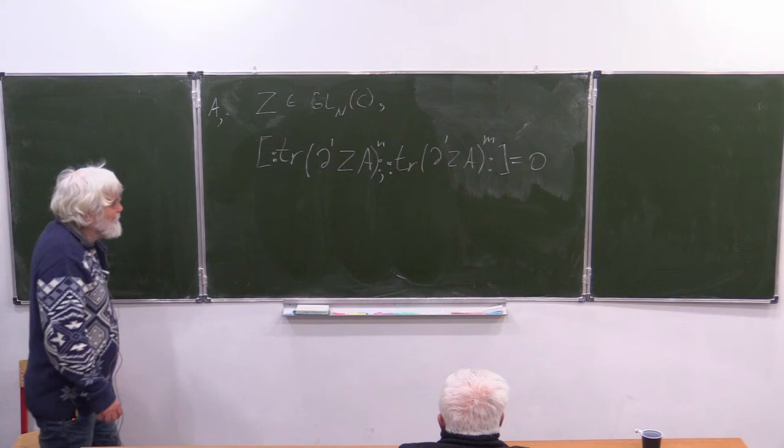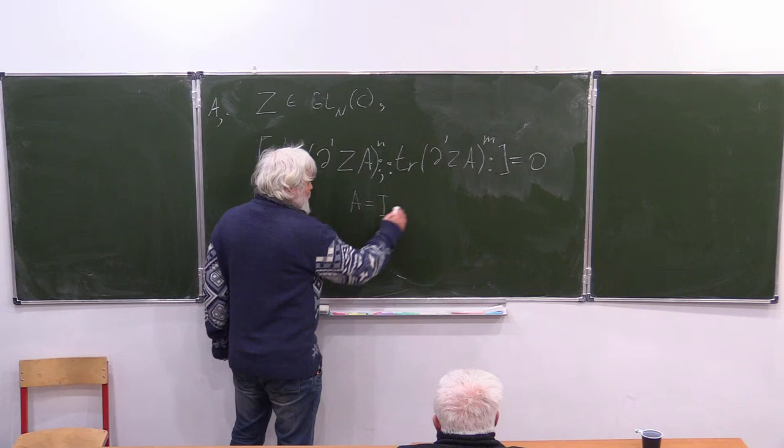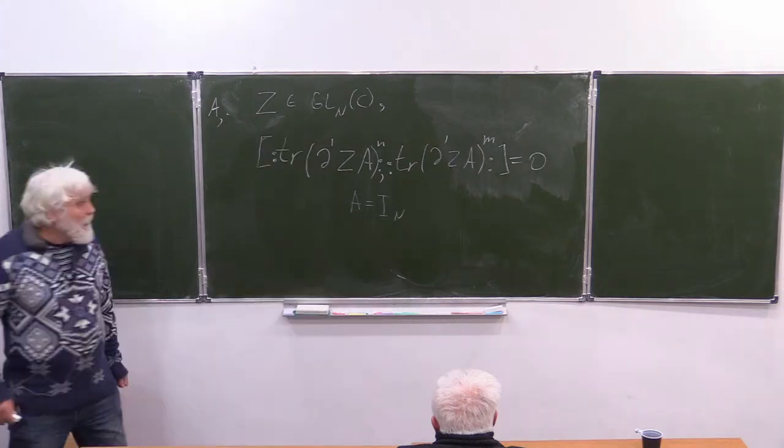So, remark that if A is the identity matrix, then this operator, rewritten in eigenvalues of Z, gives higher quantum Calogero Hamiltonians related to a special value of the coupling constant.